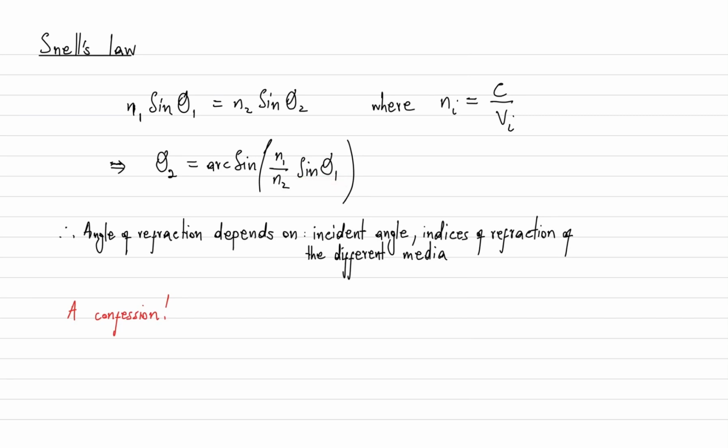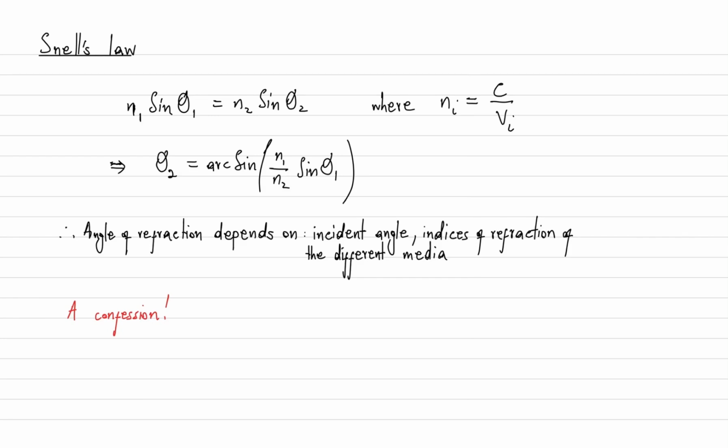So the takeaway here is that the angle of refraction depends on the angle of incidence. In other words, at what angle is light entering the destination medium? And also, the angle of refraction depends on the indices of refraction. So what media we are going from, and what medium we are going to, also makes a difference.